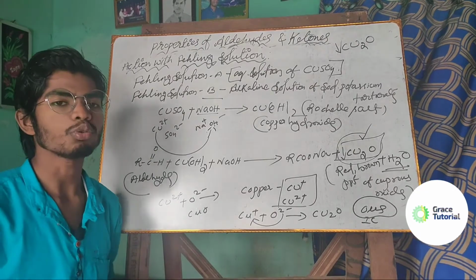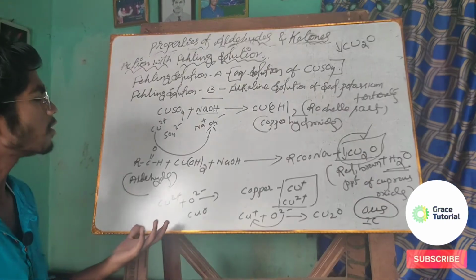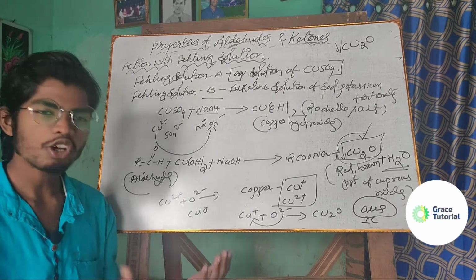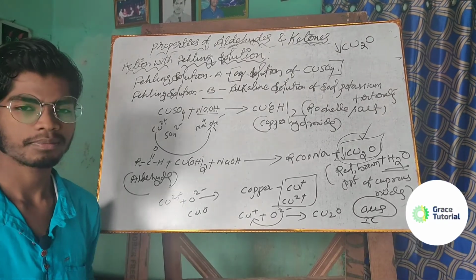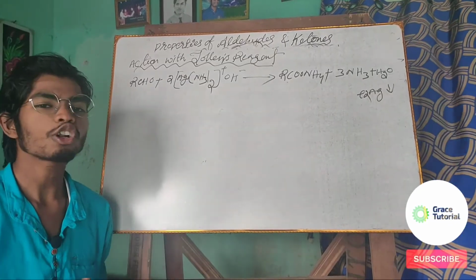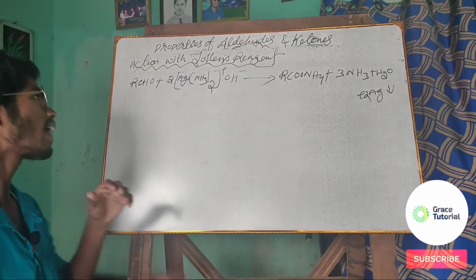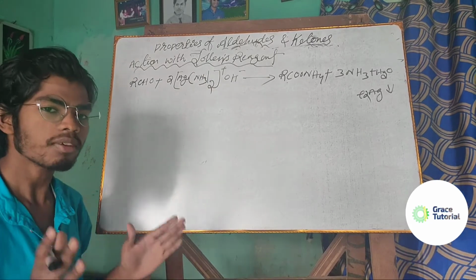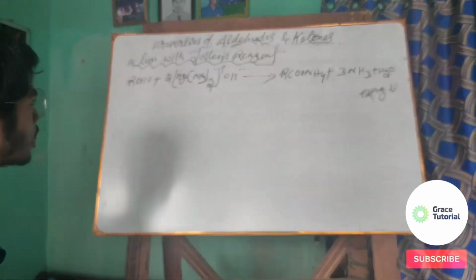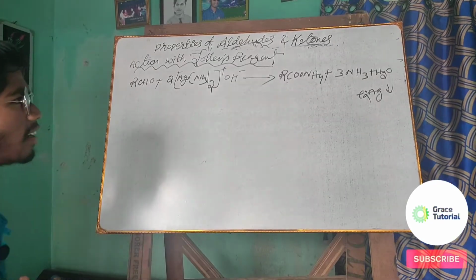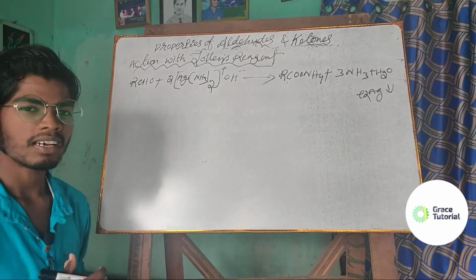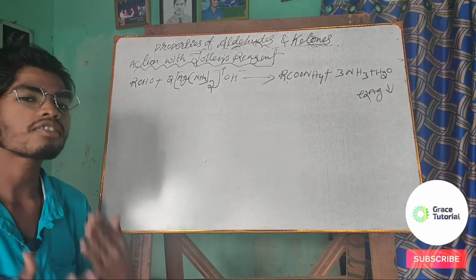Now there are many other reactions as well. Before aldol condensation, let me tell you about the action with Tollens reagent. This is also one of the most important questions. What do you mean by Tollens reagent? It is an ammoniacal solution of silver nitrate.